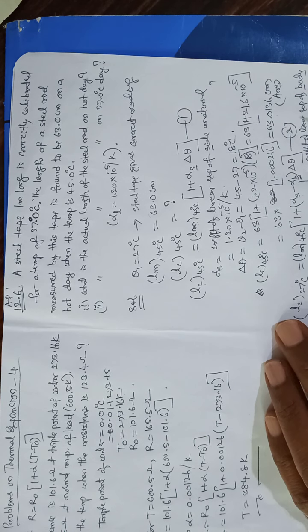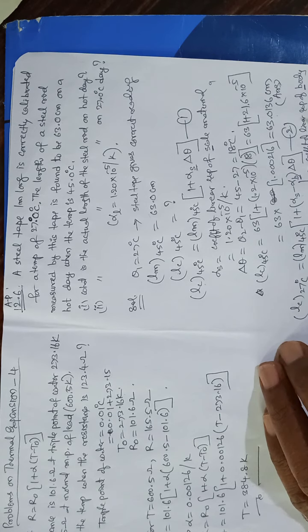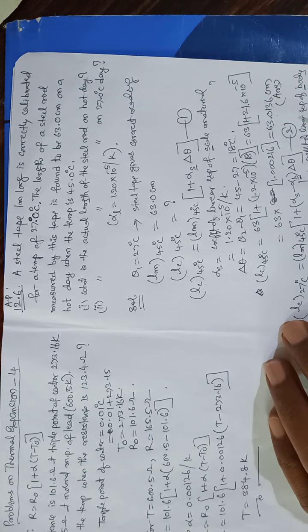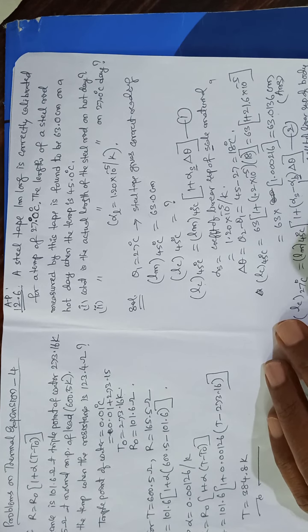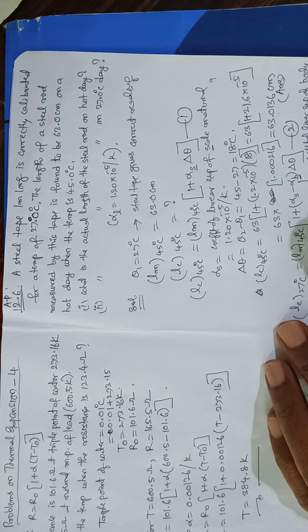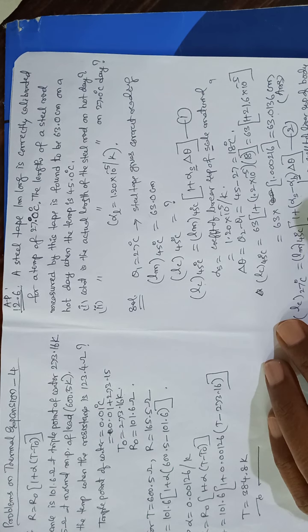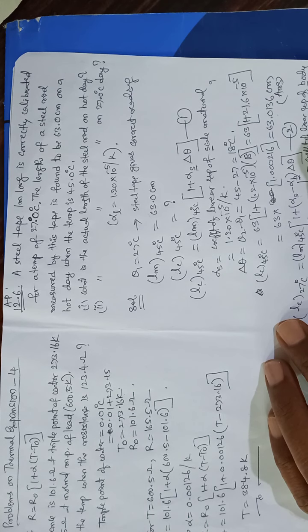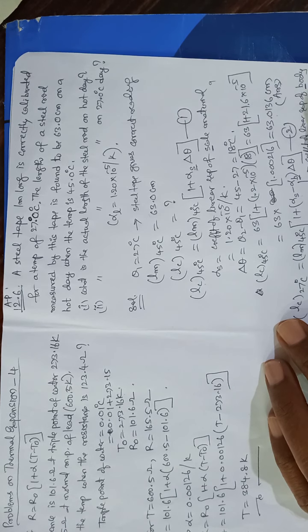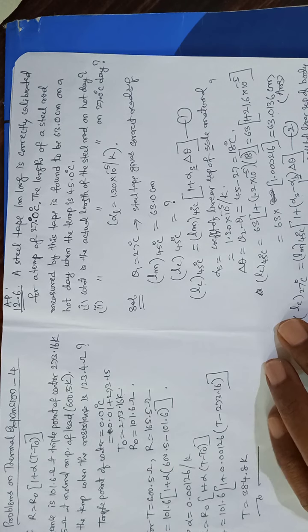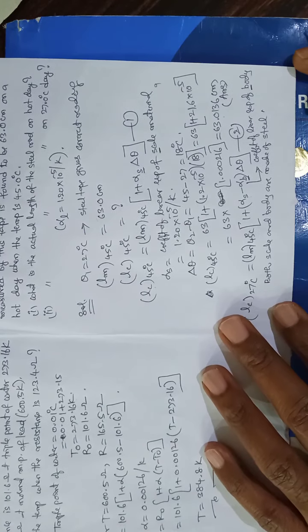Here you are measuring the length of a steel rod, so the body is a rod, and the rod is also made of steel. Both scale and body are made of steel. Both are made of steel.